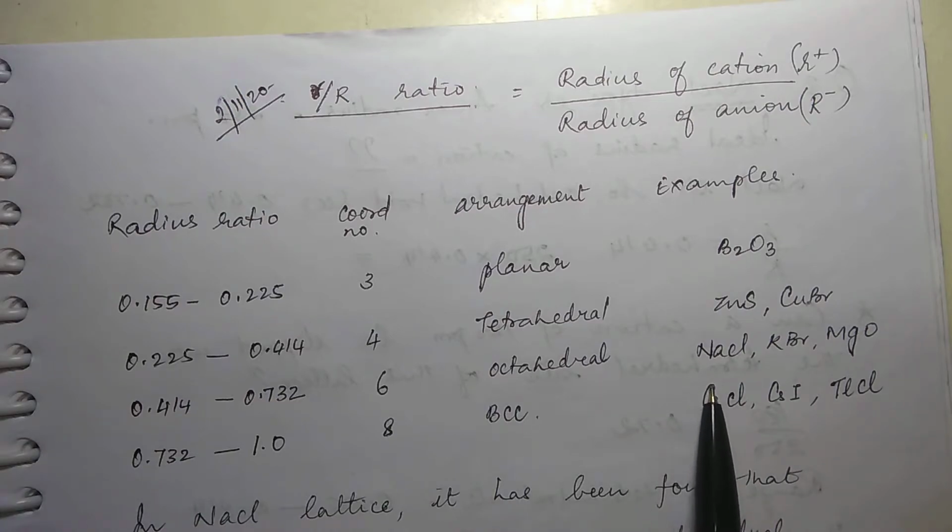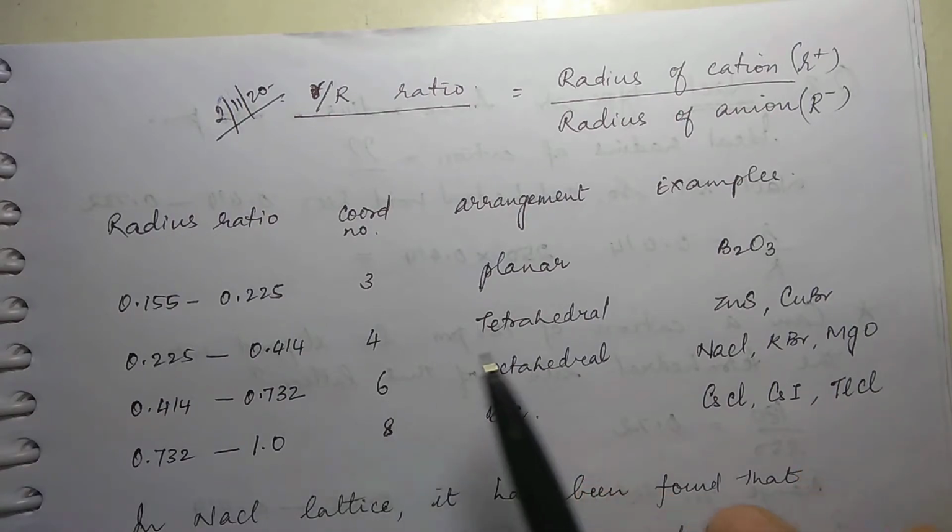Now take the example of cesium chloride, CsCl, where Cl minus ions are occupying the corners and the central atom is Cs plus ion. The Cs plus ion, right at the center of the cube, is in touch with the 8 corner Cl minus ions, and you know very well that for a corner atom only 1/8 is in 1 cube.